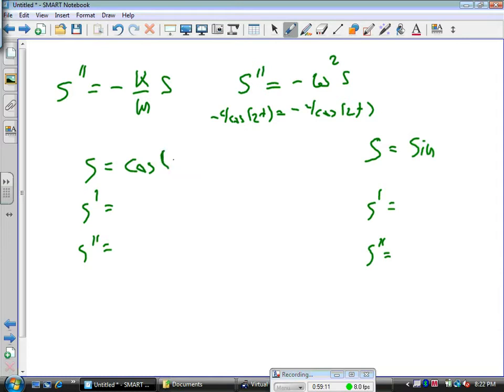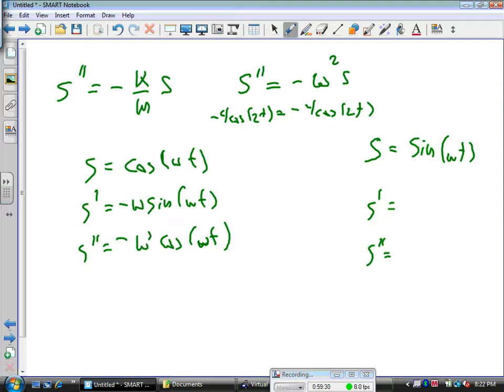Okay, so if this is omega t, this is omega t. So the derivative here would be negative sine u du. And the derivative here would be negative cosine u du, which is omega times the other omega, omega squared. So this works out.